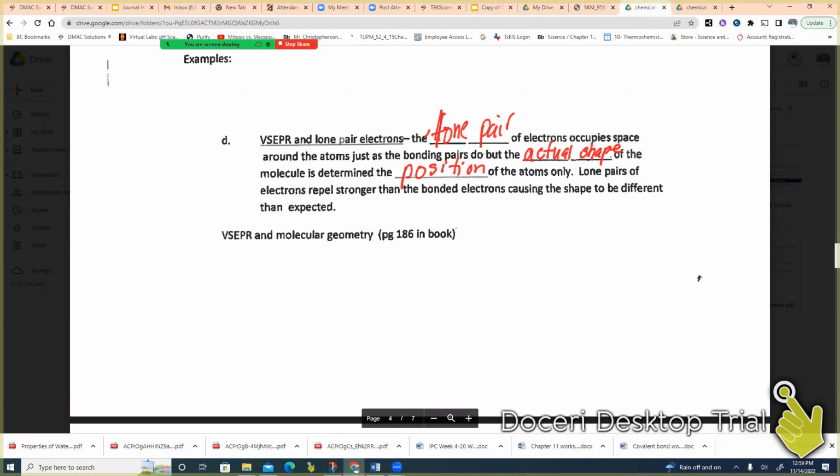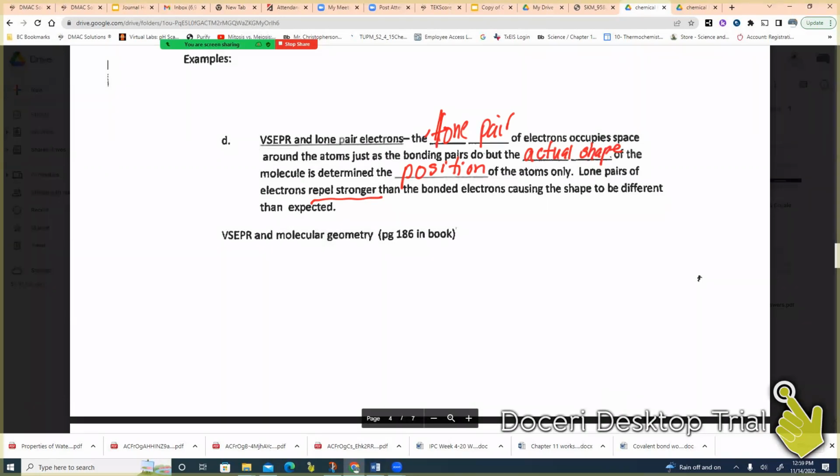Lone pairs of electrons repel stronger than the bonded electrons, and that causes the shape to be different. So that's a lot of words that's basically saying the shape of a molecule may not be what you expect it to be, and it's going to be because of these electron-electron repulsions.